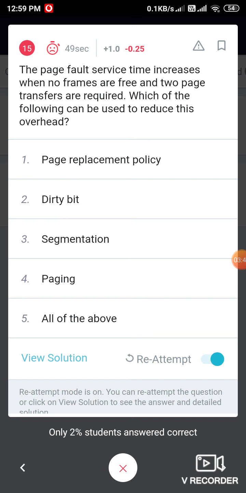Now next is dirty bit. Dirty bit is the thing that occurs when no frames are free, when two page transfers are required. At that time no frames are free. This is called dirty bit.